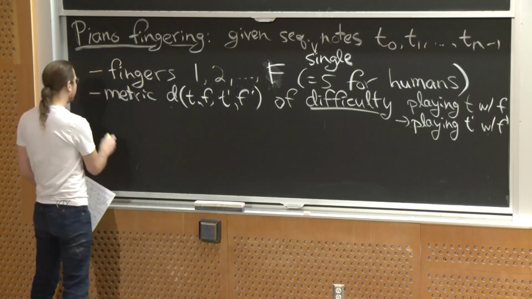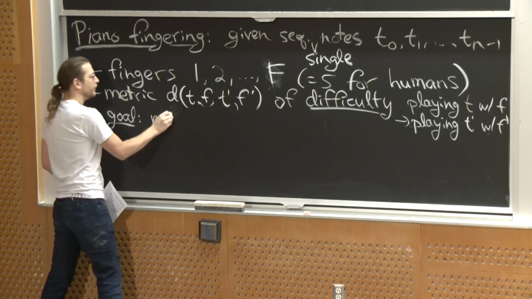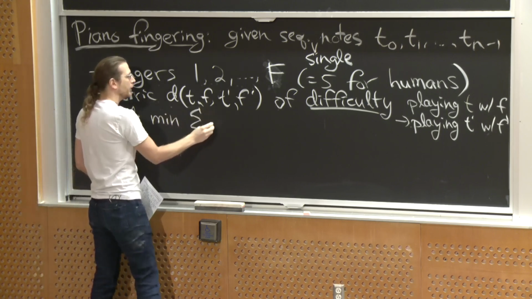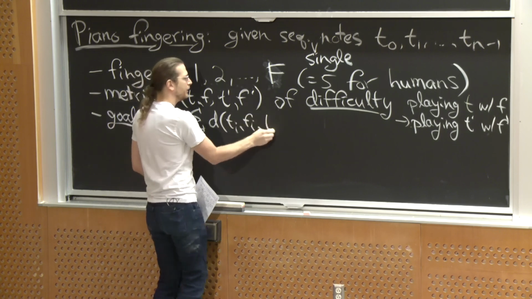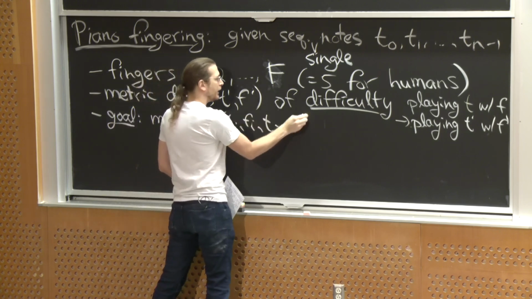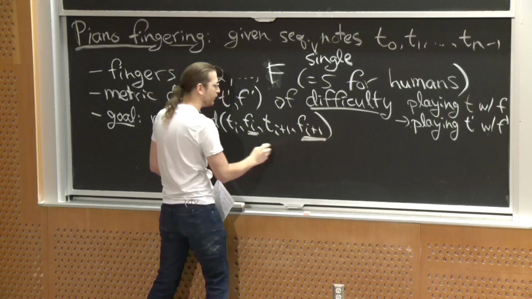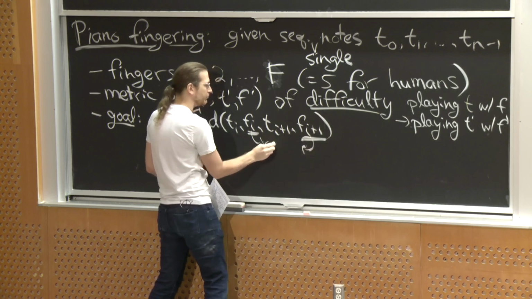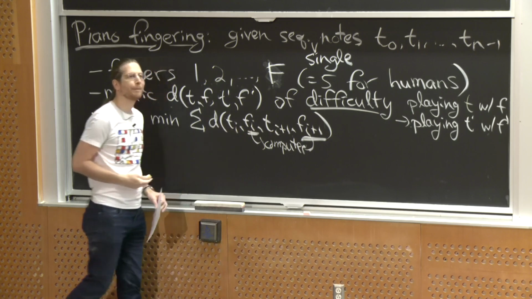And then our goal is to minimize the sum of difficulties: the minimum sum of d of t_i, f_i, t_{i+1}, f_{i+1}. And these f_i's are what we want to compute. We don't know which fingers to use. We're only given which notes to play.